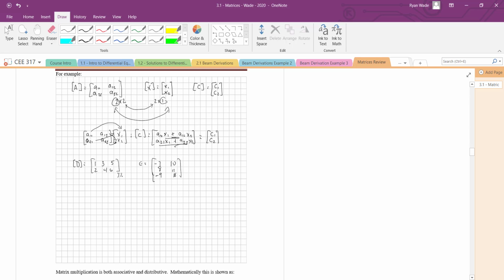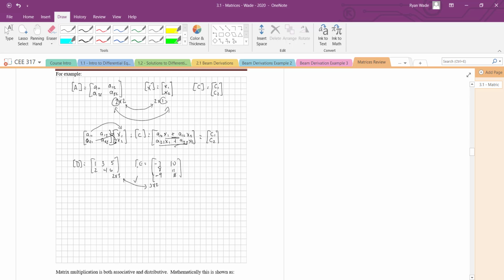I've got a 2 by 3 and a 3 by 2, 2 rows times 3 columns and 3 rows times 2 columns. We can multiply that together, so these two are equal. So yes, we can multiply them.